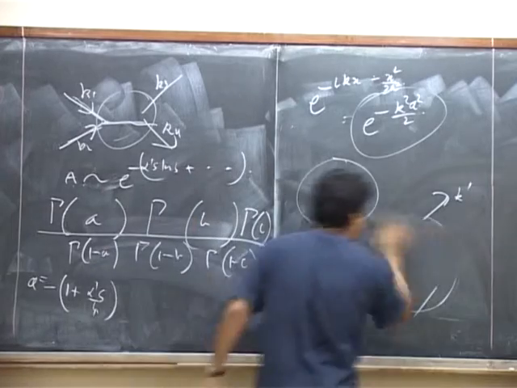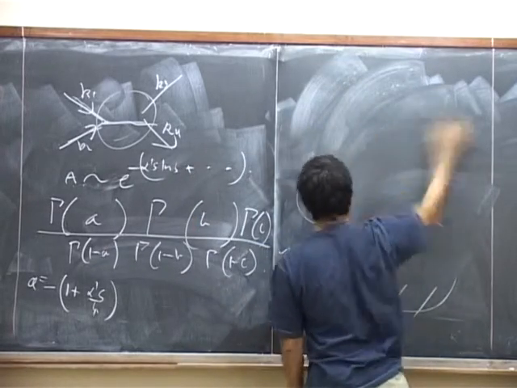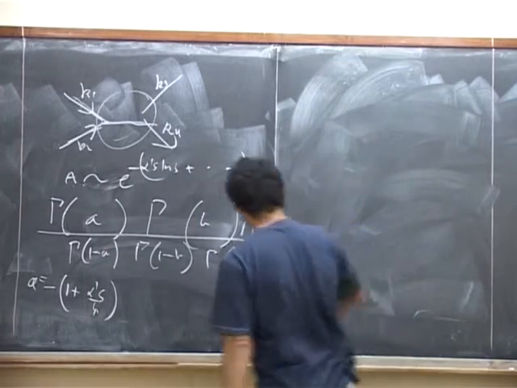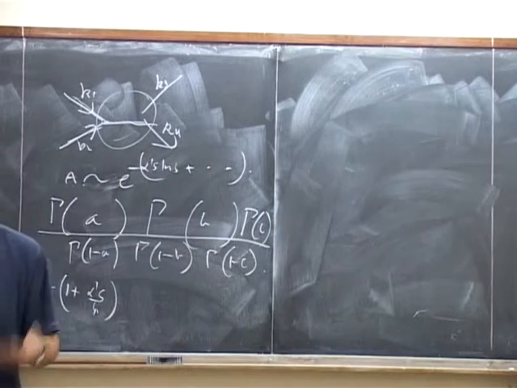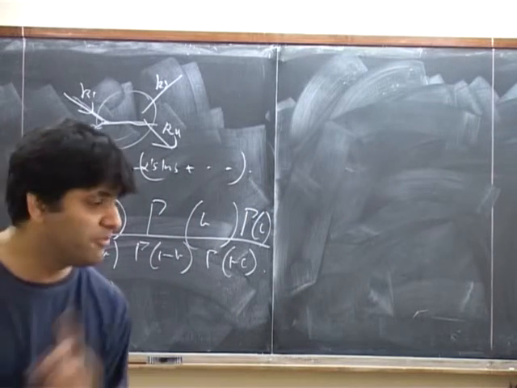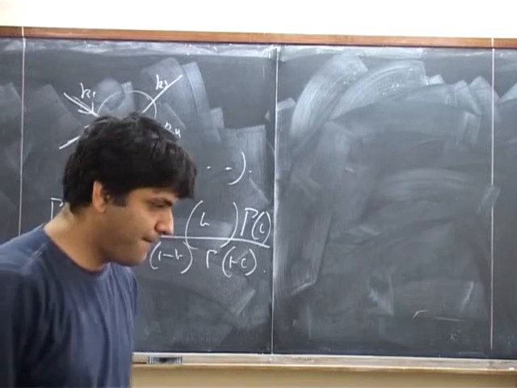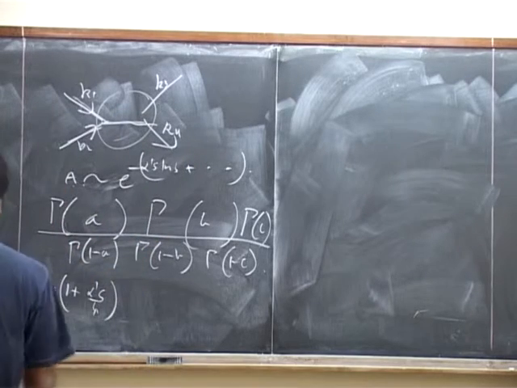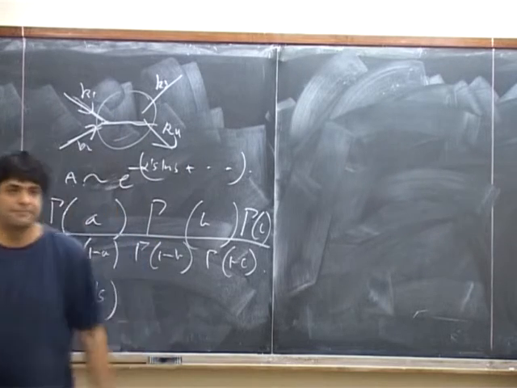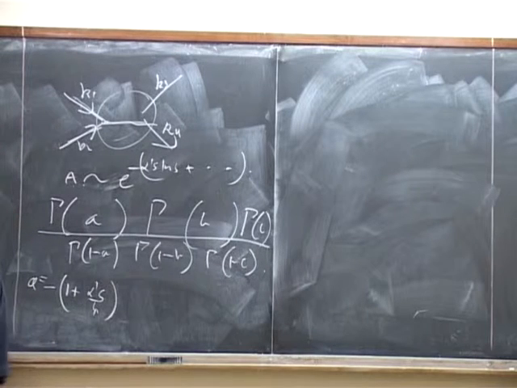Now, how do we see that gravity scattering goes with energy from this formula? To do that, what we have to do is to work near the graviton pole. We did this last time.